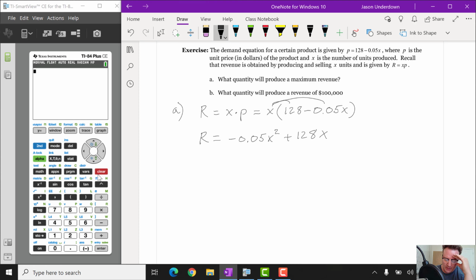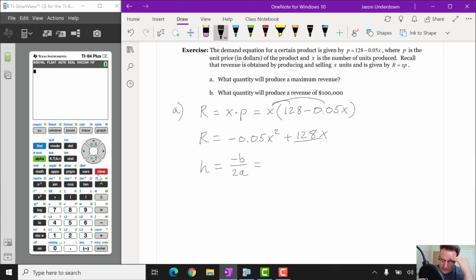How do we maximize a quadratic function? We compute the vertex, which we label with the symbols h, k. h for the x component of the vertex and k for the y component of the vertex. So this will just be negative b over 2a.